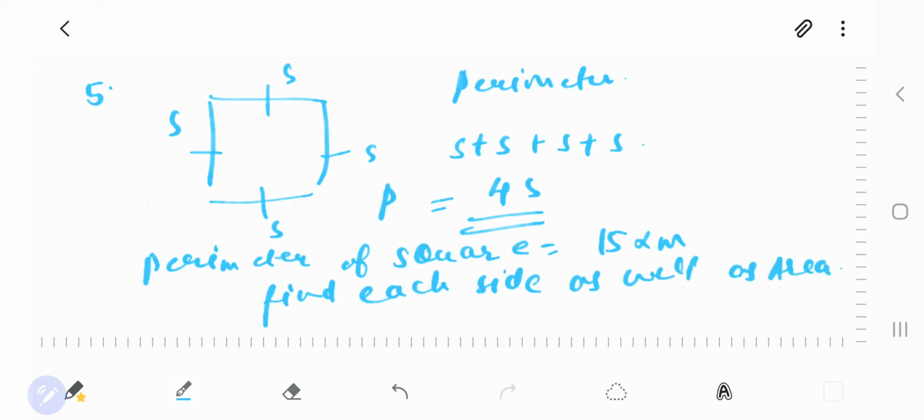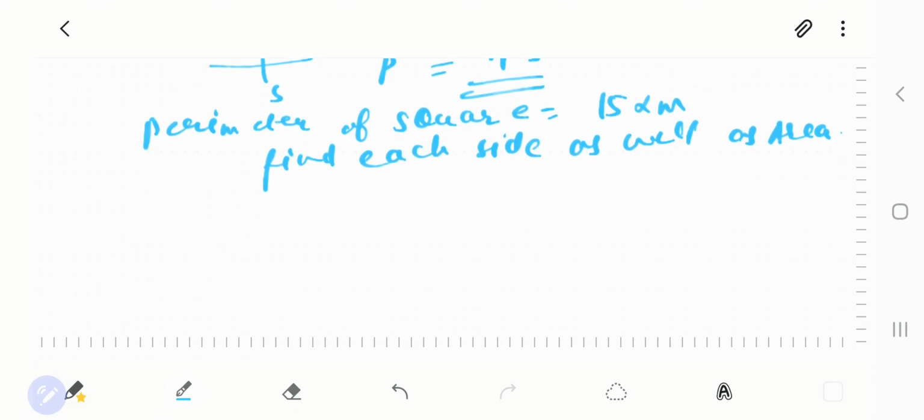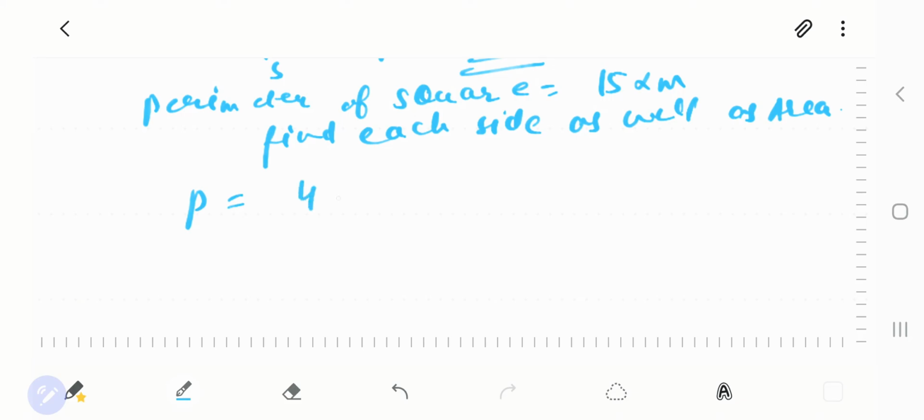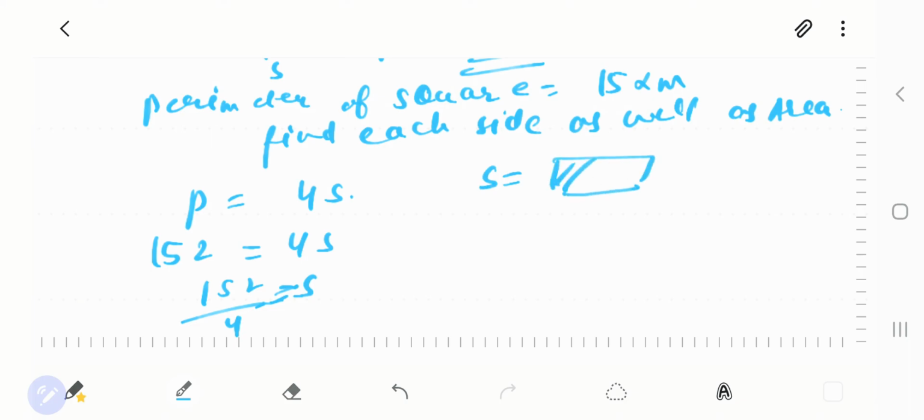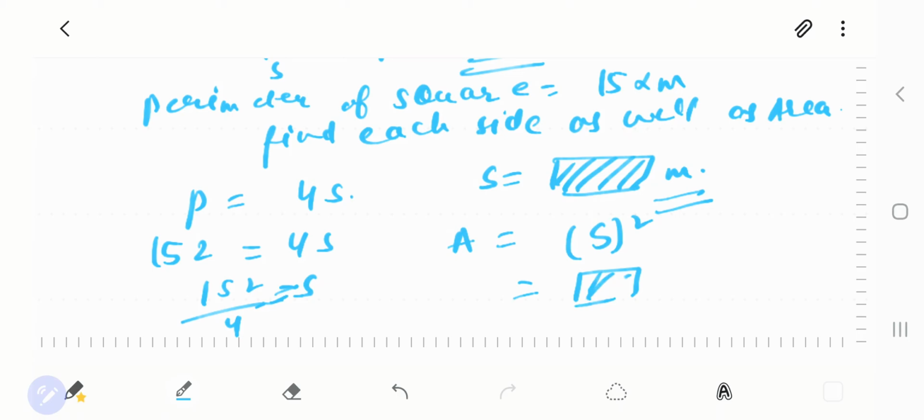We cannot find the area if we are not given the side. So first we have to find the side using the perimeter. Perimeter is 4s, perimeter is given as 152, so s will be 152 upon 4. From there I'll get the value of my side in meters. Once I have my side, area of square is side square.